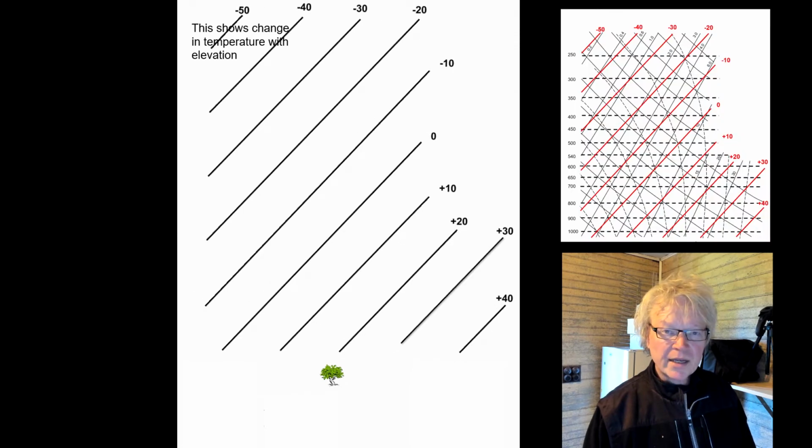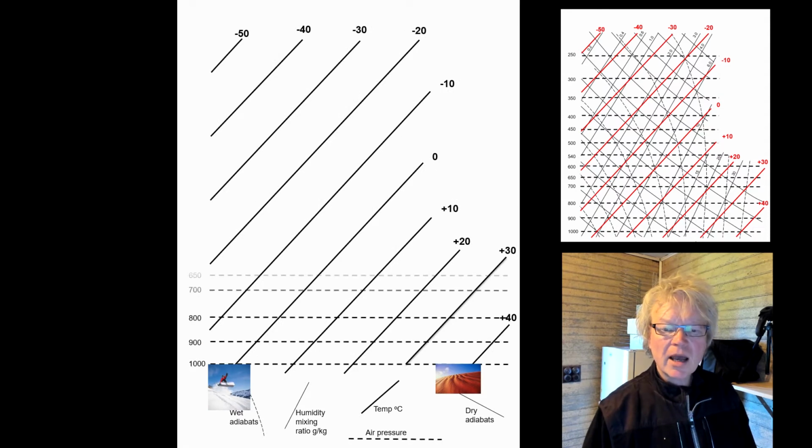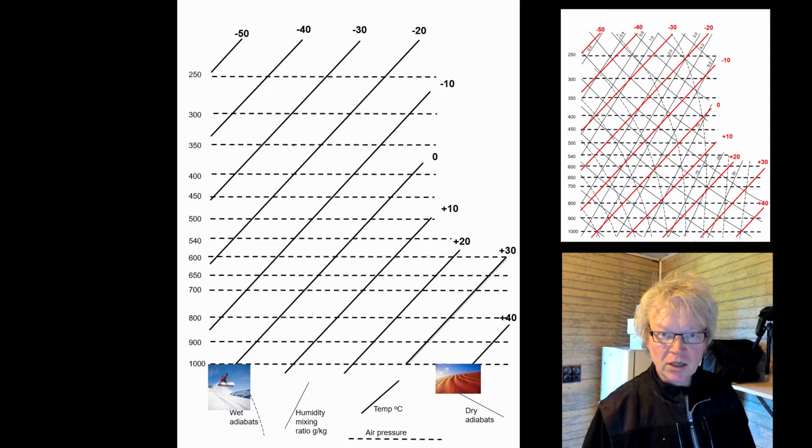Now we can use whatever temperature we actually have on the ground surface as measured by our weather balloon as we're holding it on the ground surface. Because if we take these lines and place the other set of lines at elevation, we can now see that it doesn't matter what our starting temperatures are, we can plot them anywhere along that sea level ground surface line down here at the bottom.